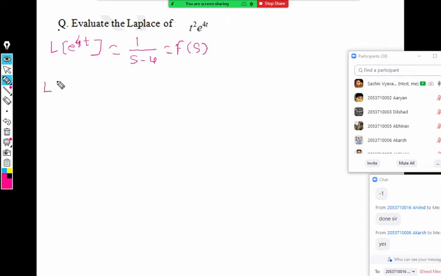Then Laplace of t into e raised to 4t will be minus F dash. Now we have to write minus F dash here. This minus sign is already there, but as it is in the form of 1 upon x, the derivative of 1 upon x is minus 1 by x square. So that minus minus becomes a plus 1 upon s minus 4 bracket square. Is it?